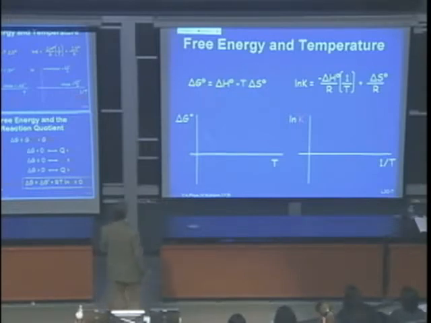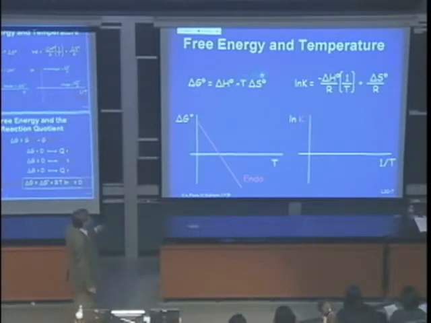So if I have, would it be endothermic? Oh, it says right there. It says endothermic. That means that the slope is minus delta S, and delta H would be positive. That would be the intercept.